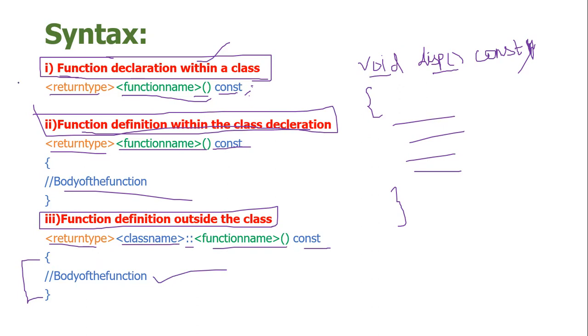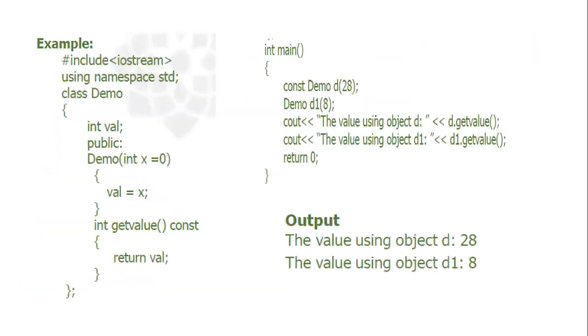So initially we have the function declaration syntax, next the definition within the class, and next the definition of the constant member function outside the class. I hope you understand the difference between defining inside and outside the class. Okay, let us see the example.